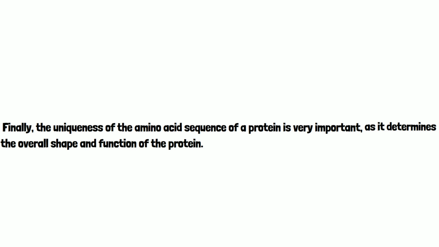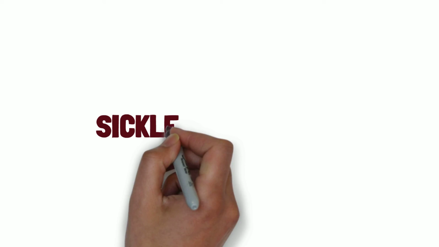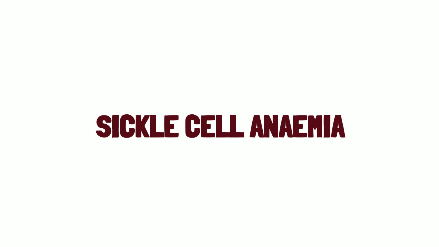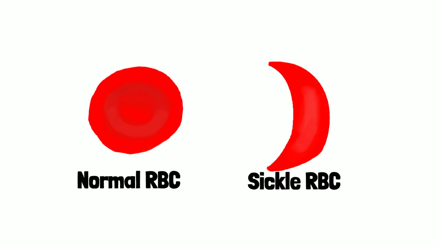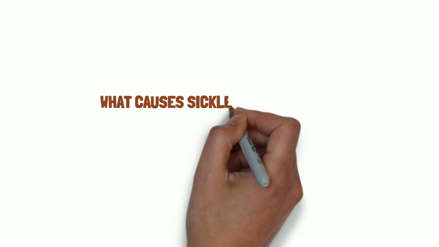Now, we all know about sickle cell anemia, a genetic disease of the blood in which the red blood cells have an abnormal crescent or sickle shape instead of a disc shape, something like this. You can see the disc shape of a healthy red blood cell and the abnormal crescent shape of a sickle red blood cell. So what causes sickle cell anemia?